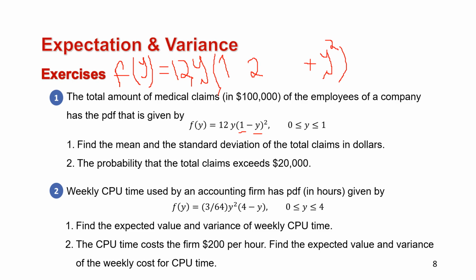Okay, and then let's multiply 2 times the first term times the second term, 2 times y times 1, and here the sign will be negative.